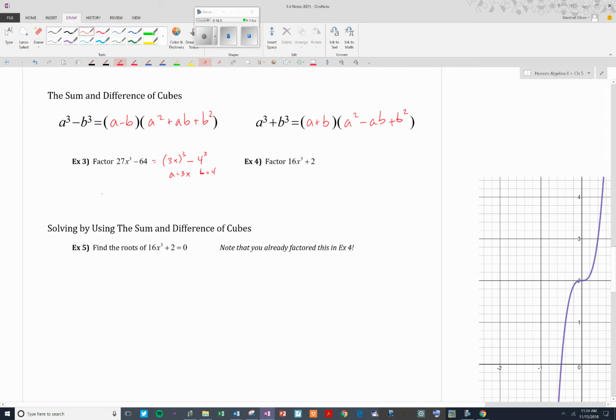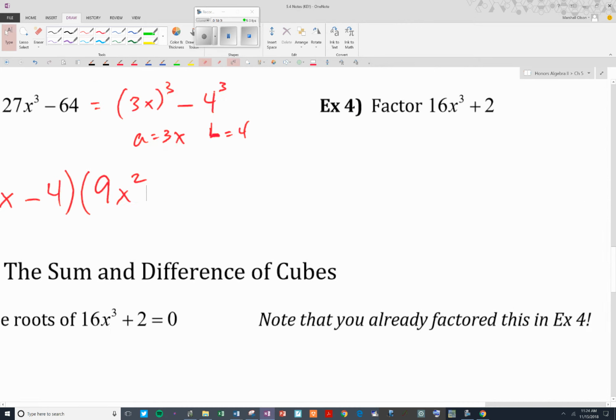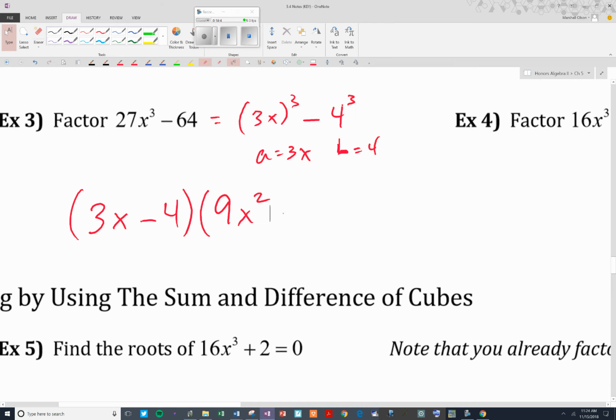So writing our pattern, we have a minus b, because of the minus there, and then be careful here. A squared, you've got to square that whole thing, is going to be 9x squared. This is going to be addition, because that always switches signs.